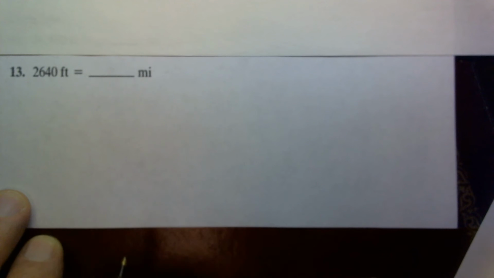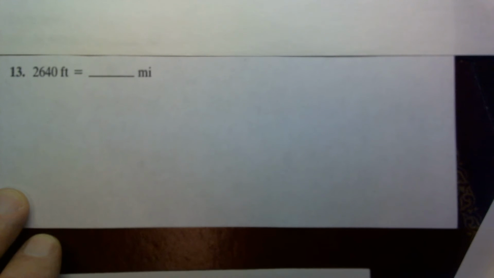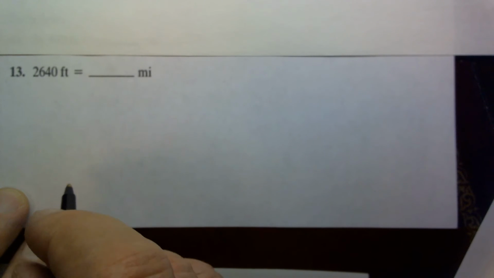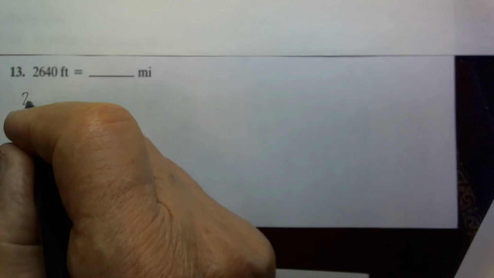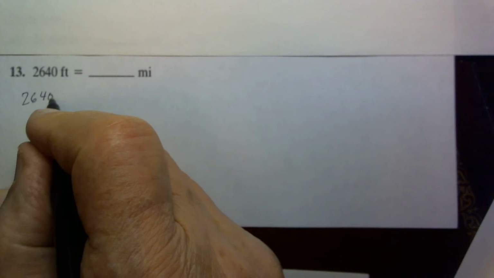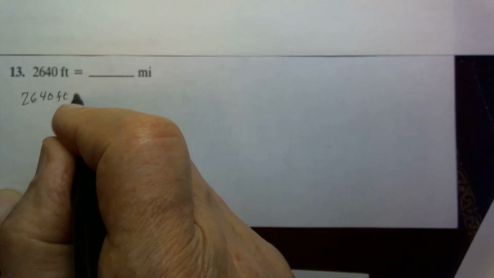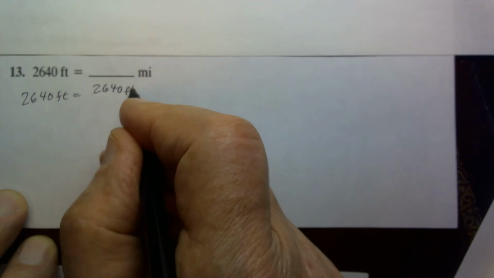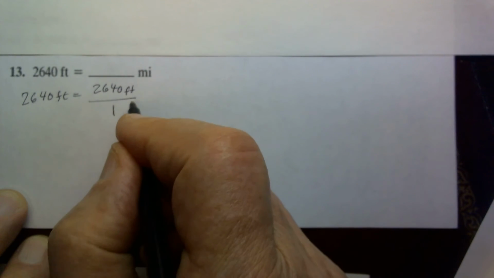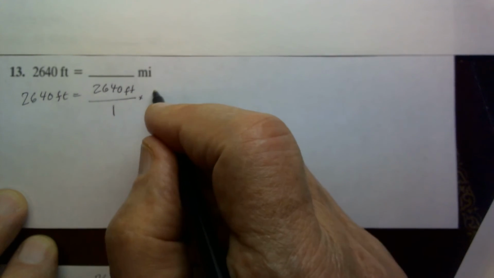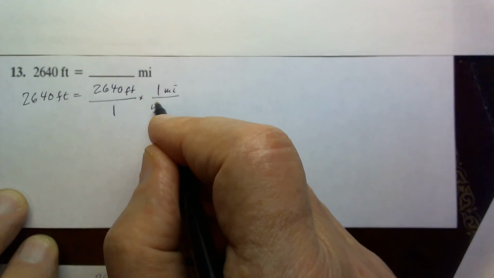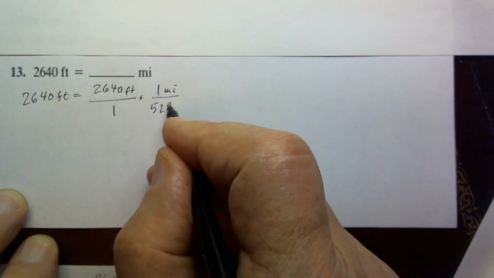To convert 2,640 feet into miles, we proceed in the same way. We have 2,640 feet equals 2,640 feet divided by 1, times 1 mile, which has 5,280 feet.